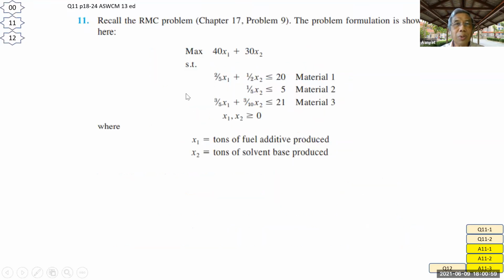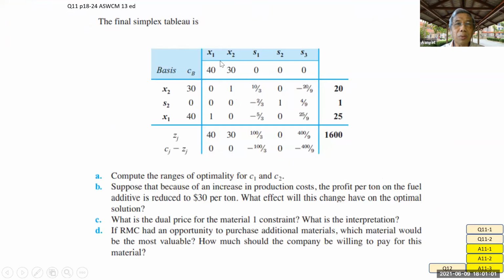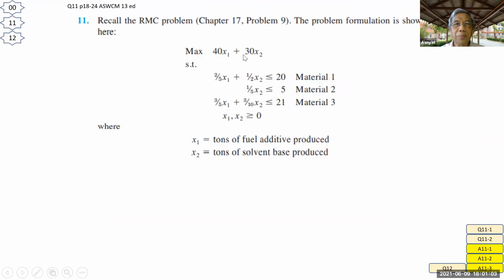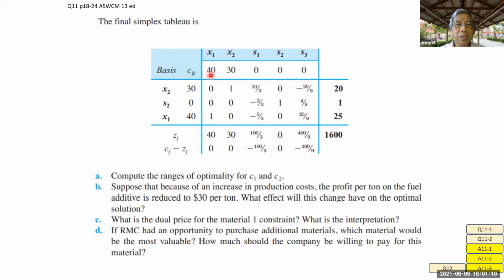I want to know what will happen to this profit. This is C1, C2. In the final tableau we have C1, C2, C3, C4, C5. So just doing 1 is sufficient for now. How do we do it? Compute the range of optimality for C1.